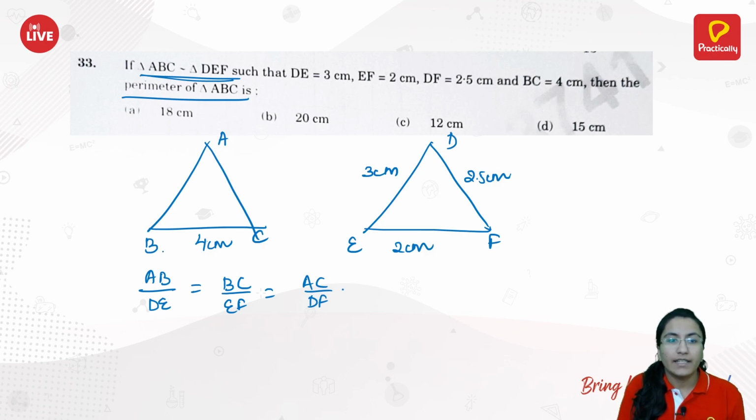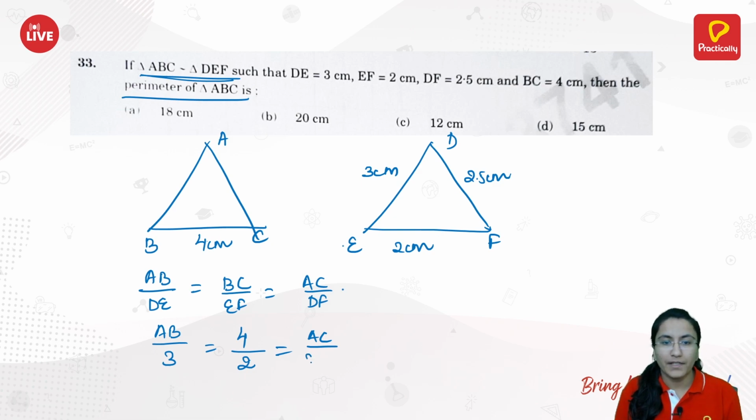So AB by DE, AB as it is because we are supposed to find this, DE is 3, BC is equal to 4 centimeter and EF is equal to 2 centimeter, is equal to AC over here, we don't know as of now, DF is 2.5.